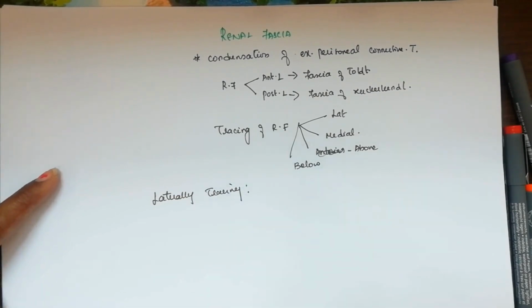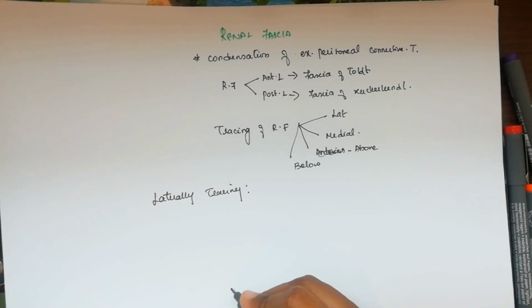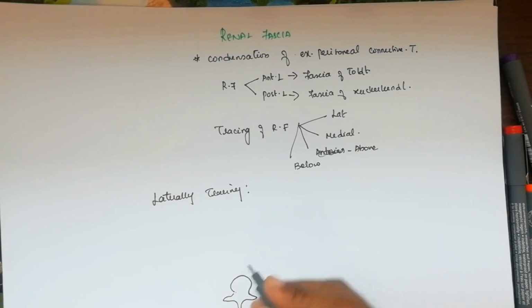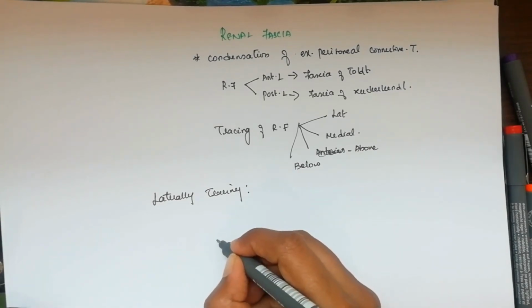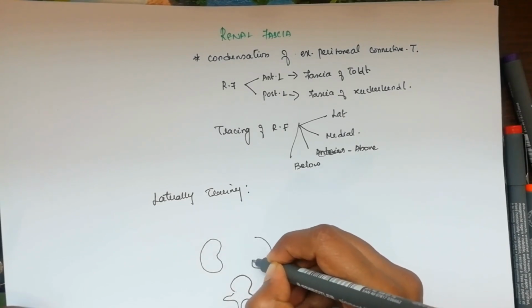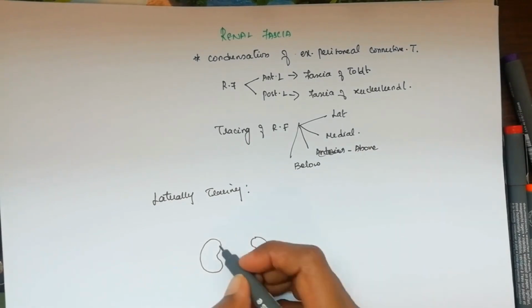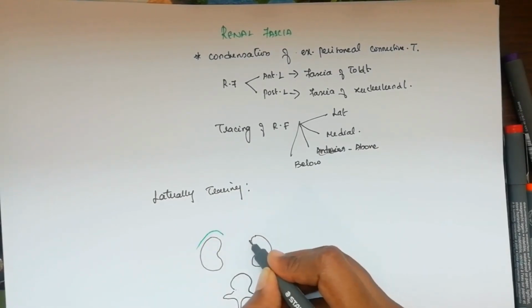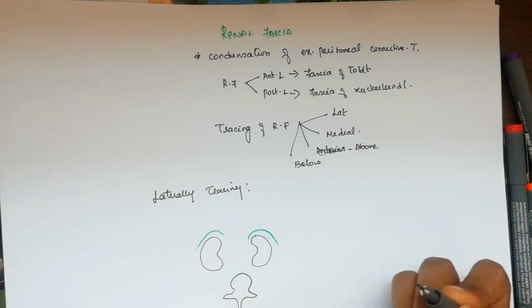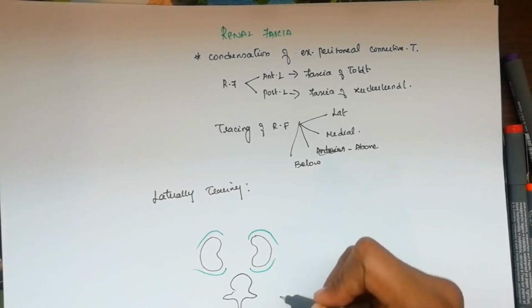For that we have the kidney. We have a vertebra behind, and just on either side of the vertebra we have our kidney. So in cross section, we have the kidney, and here this aspect is the anterior layer, and this is the posterior layer of renal fascia.